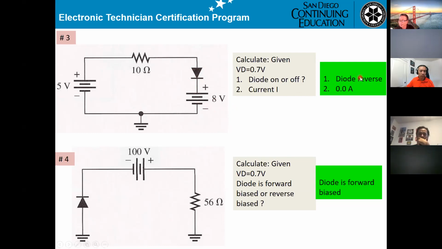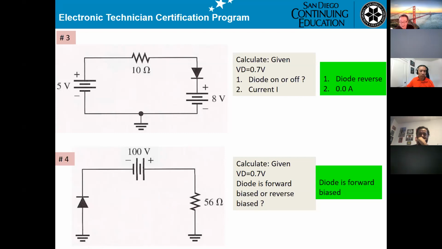So the diode will be reverse biased, or off. Off means it's open here. The question is what is the current flow? Current must be 0, because current cannot flow into an open circuit. And again, they only want to know whether the diode is on or off.